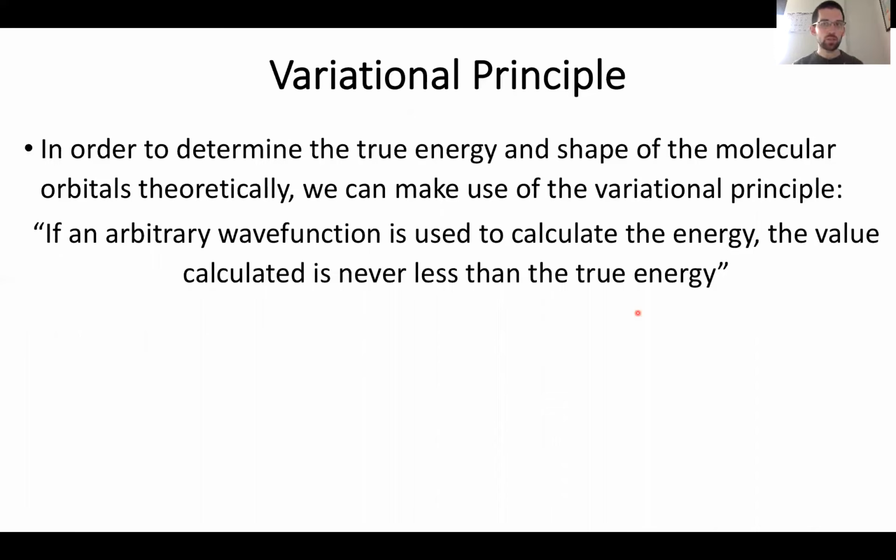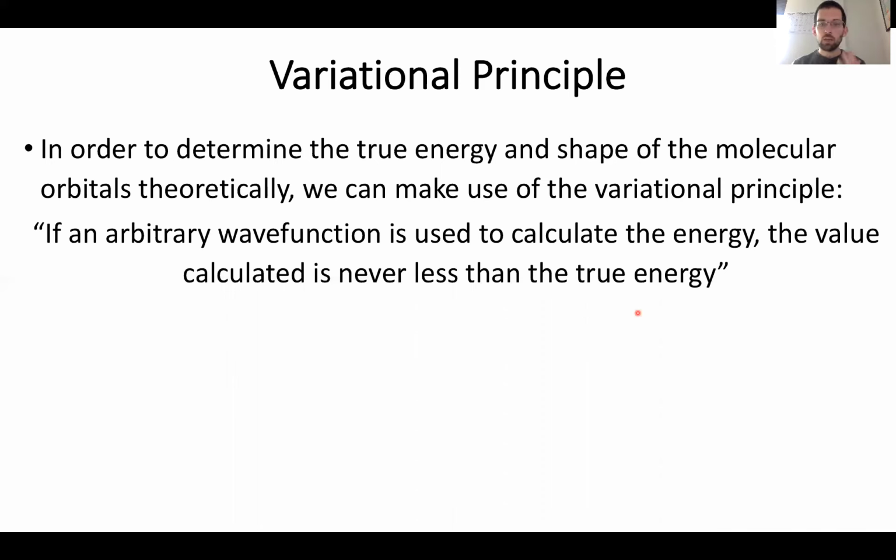So if I have a real system and it has a real energy, anything I guess can never have an electronic energy less than that real value. This sounds a little bit like a mouthful, like most technical phrases.